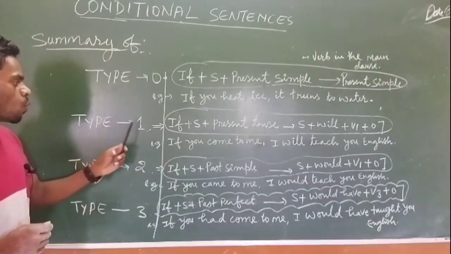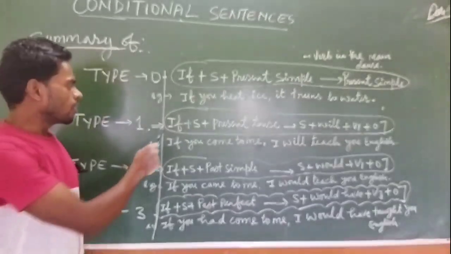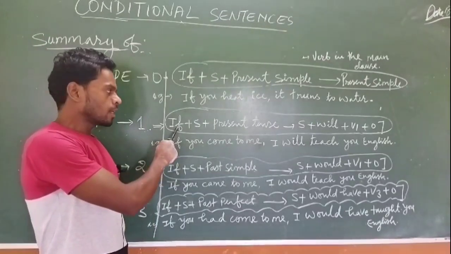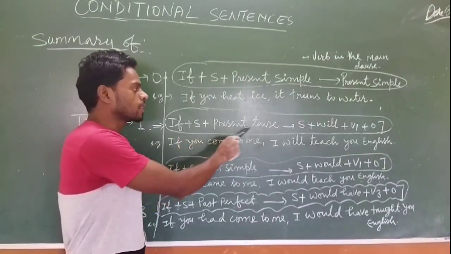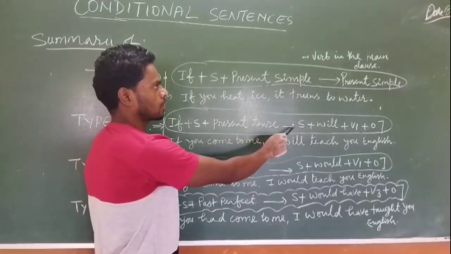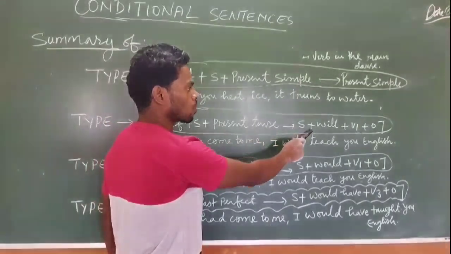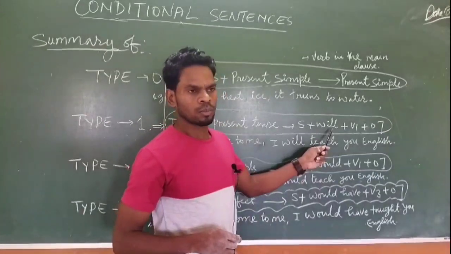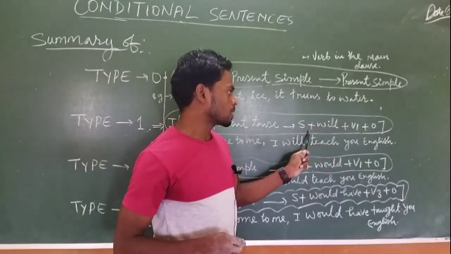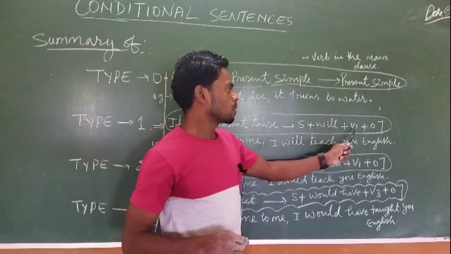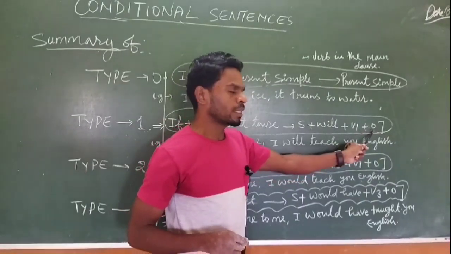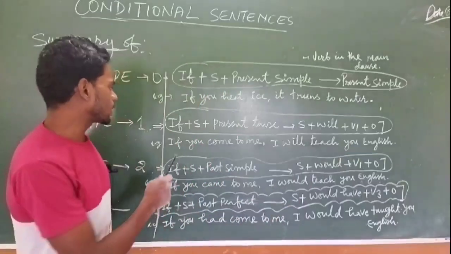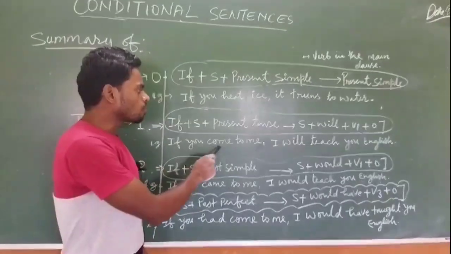In type 1, if the condition is there, then subject, then present tense, and the verb in the main clause will be in future simple tense. Future simple tense, that is subject, will plus V1, the first form of the verb, and the object. And the example is here: if you come to me.